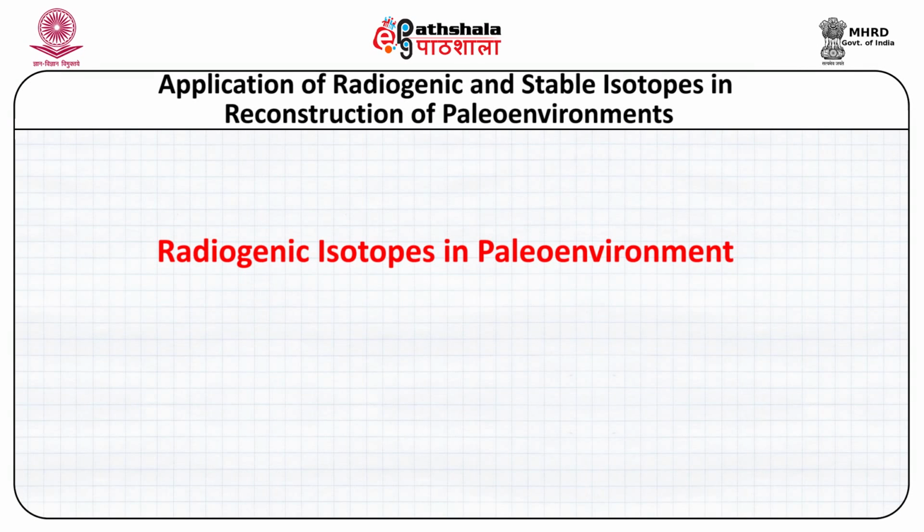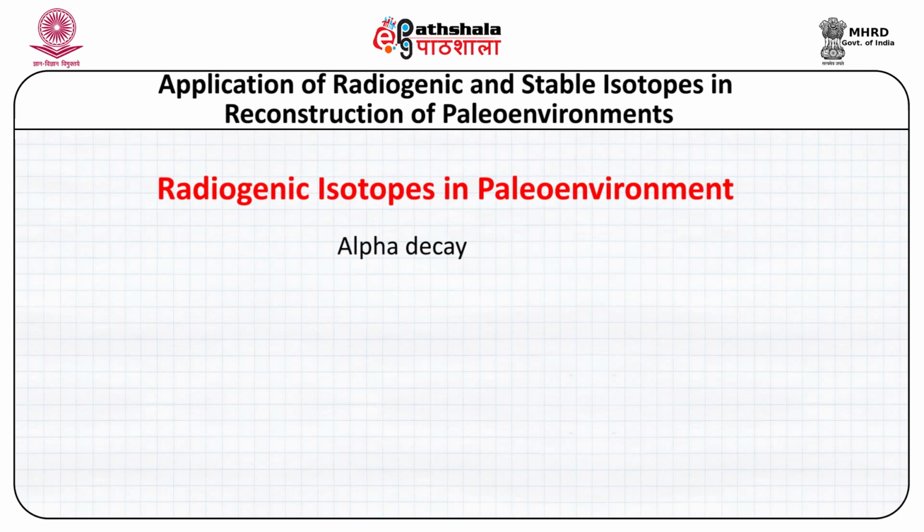Now, these radiogenic isotopes basically decay in three major processes. One is called alpha decay, then beta decay and gamma decay. In alpha decay, an atom ejects two neutrons and two protons from its nucleus, and thereby the atom decreases by 2 in its atomic number and by 4 in its atomic mass.